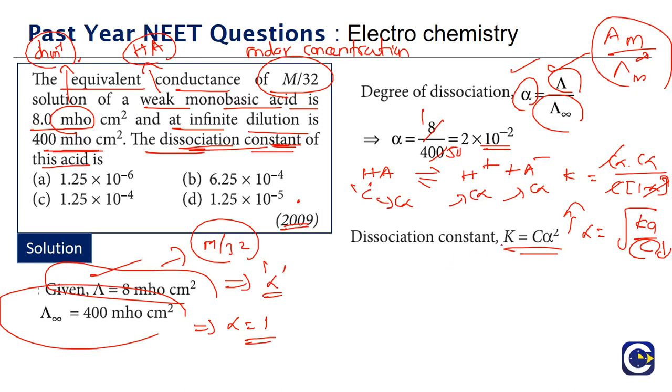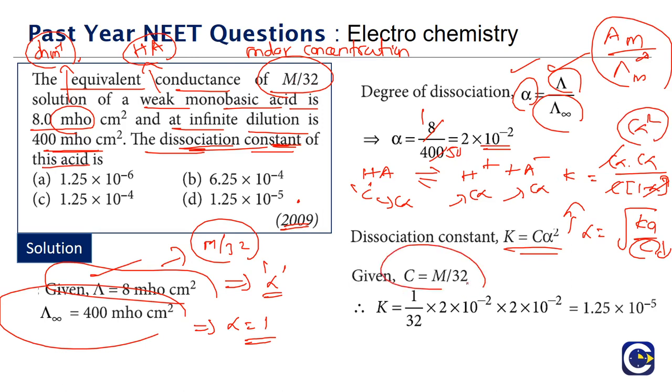Anyway, here the dissociation constant K, after cancelling one C, is C into alpha square. In this, C is given to us: M by 32, and alpha is 2 into 10 power minus 2.